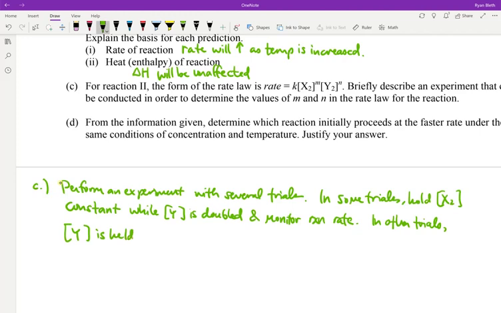We'd say y is held constant, while x is doubled or tripled. And that's where we get to our differential rate law. And we come up with ways of examining data from various trials to see what happens to the rate when I double x. If the rate is doubled, then it's first order. If the rate is quadrupled, then it's second order, for example.